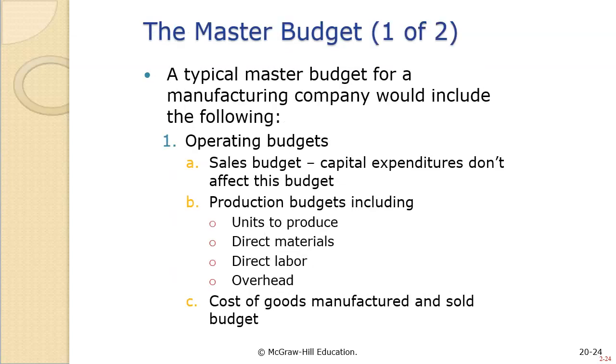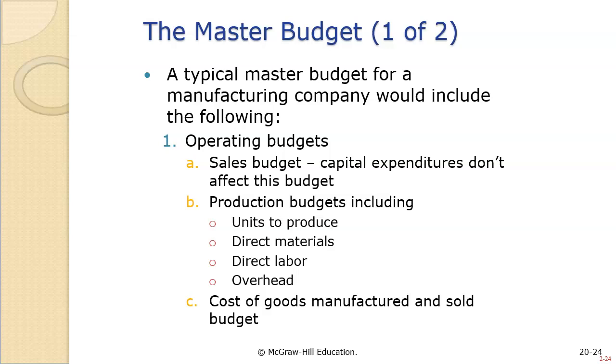Okay, a master budget. Typically manufacturing companies have a master budget, and it's all sorts of budgets that roll into one big budget. So first, there's the operating budget, where you'll have your sales budget, production budget, and cost of goods manufactured and sold budget.